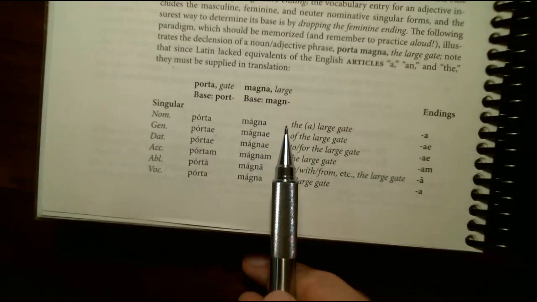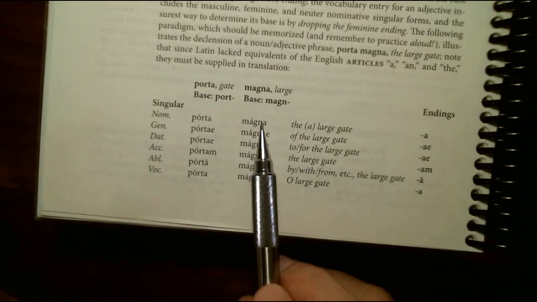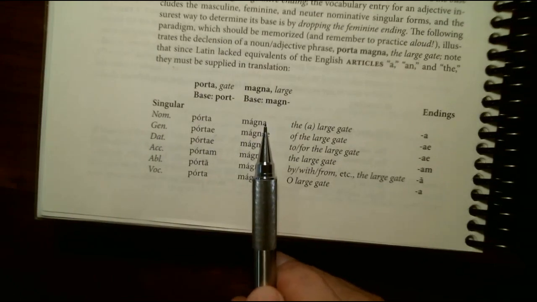In some instances, it will have to describe a boy, puer. So puer magnus, the large boy. The boy is always masculine, puer, but the adjective to describe him as a big boy would be masculine also, to match him. So the adjective can change its gender, okay?